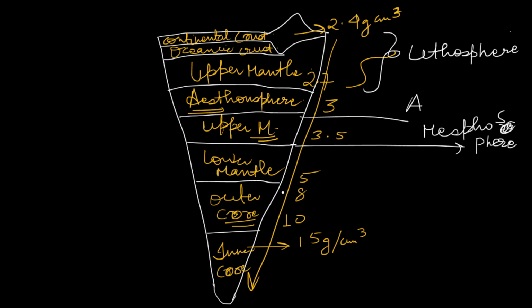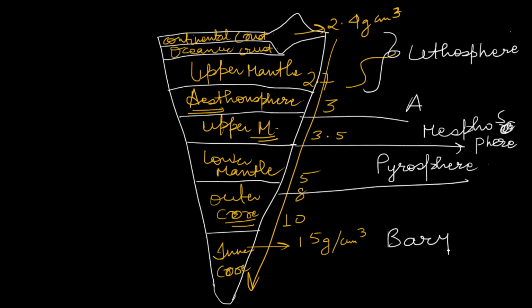As you go down you will find this layer is also known as pyrosphere, and our core is part of barysphere. Okay, so these are the various layers of the interior of the earth.